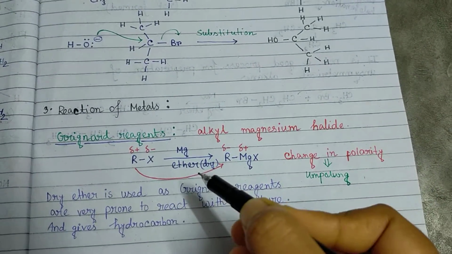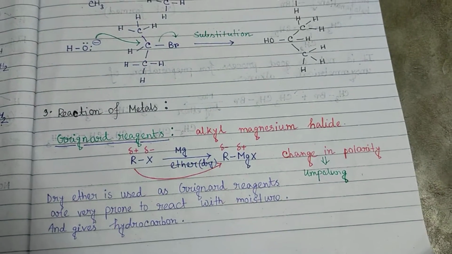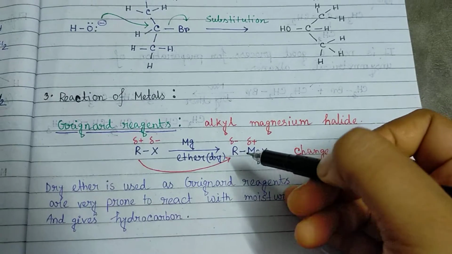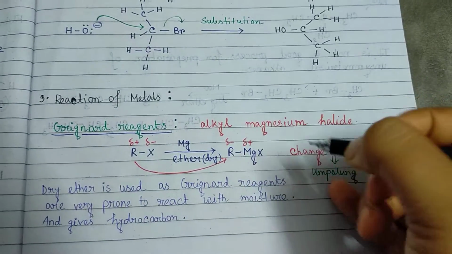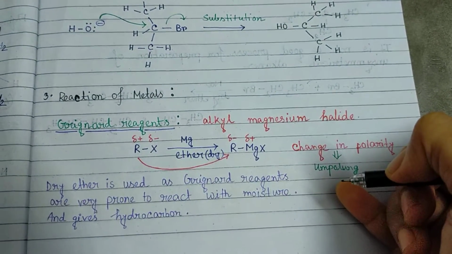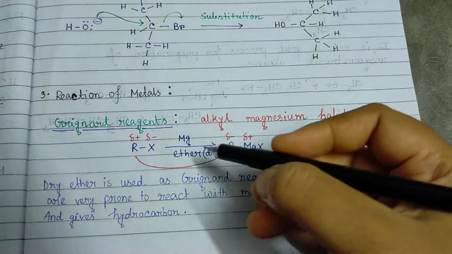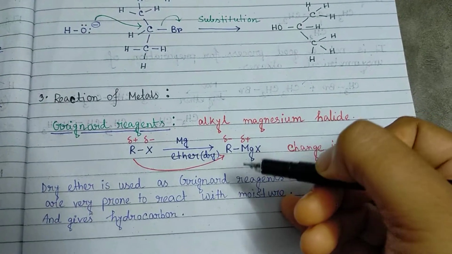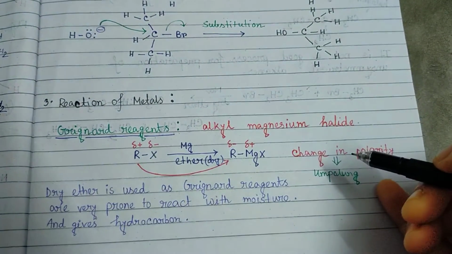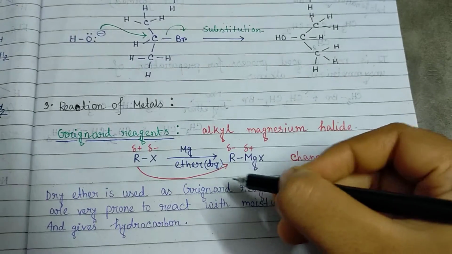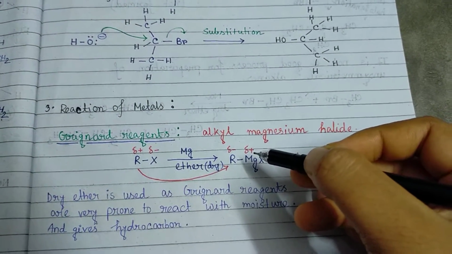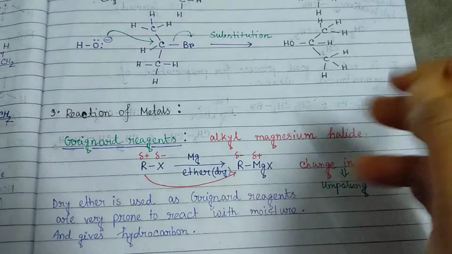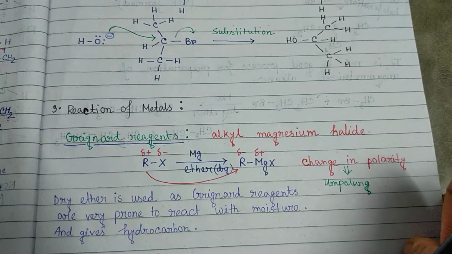Here we can also notice that I have used dry ether as the solvent. Why dry ether only? Because Grignard reagents are very reactive towards moisture. So if there is moisture, it will react with the moisture and give a hydrocarbon. So our desired product, the Grignard reagent, will be destroyed. So we use dry ether as a solvent.